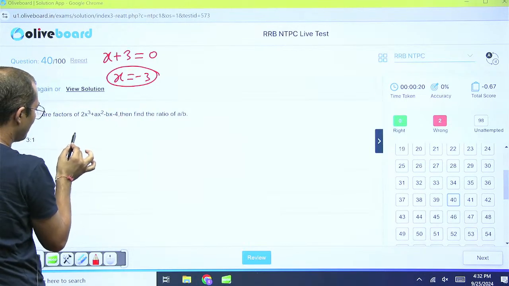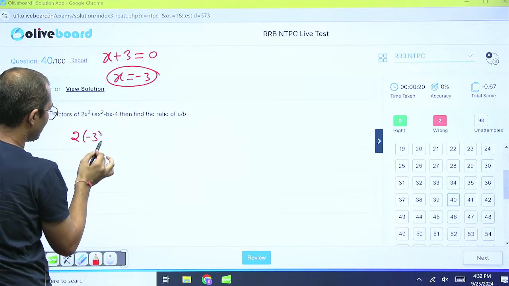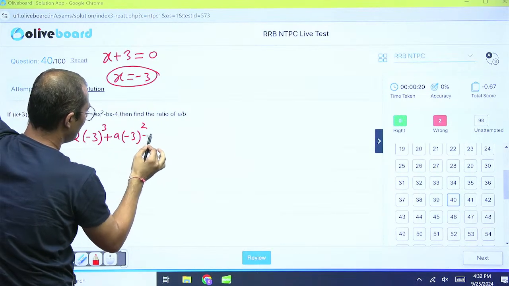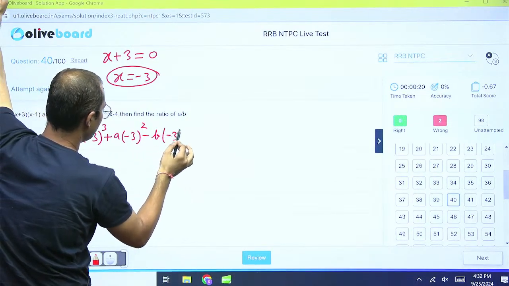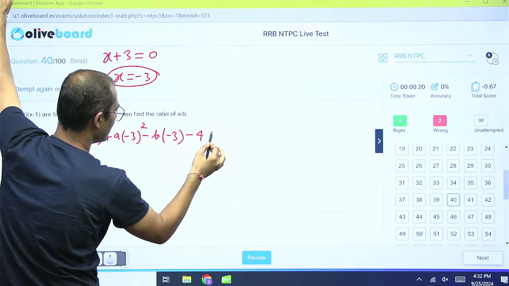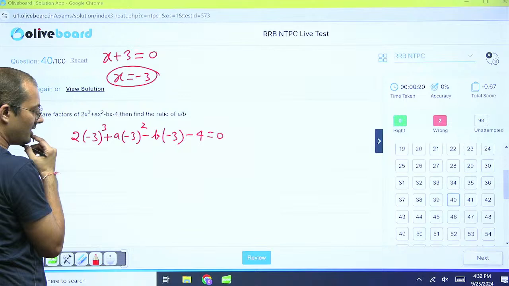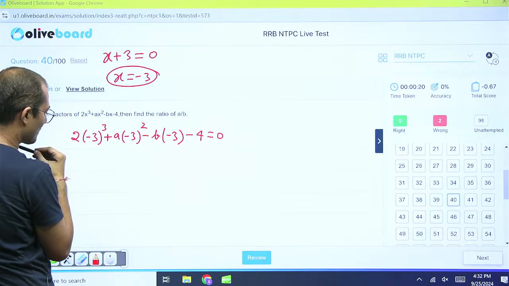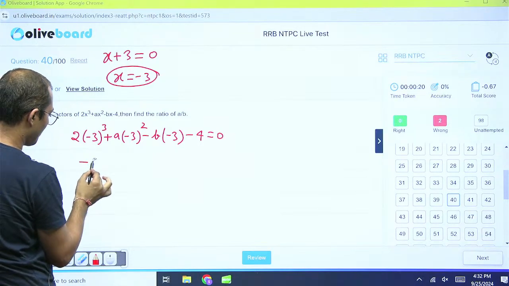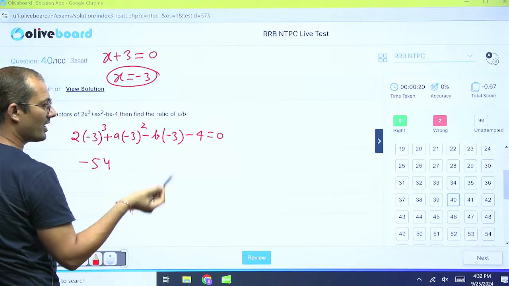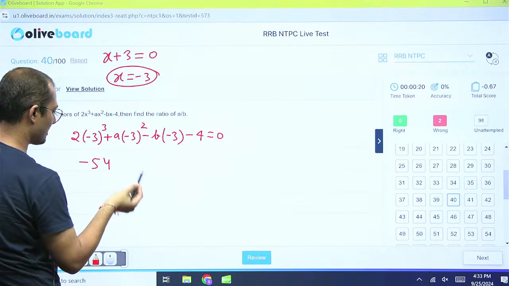So we will get 2 into (minus 3) cube plus a into (minus 3) square minus b into (minus 3) minus 4. This would be equal to 0. So here we will get minus 3 cube as minus 27 into 2. So this would be minus 54, and minus 3. Square of any negative value will be positive, you know very well.